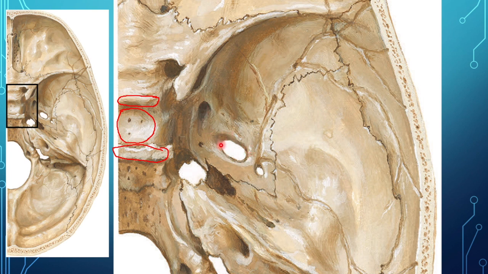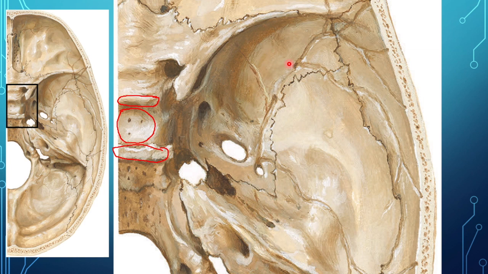This is the foramen ovale, and this is the foramen spinosum. From here, the V2 branch of the fifth cranial nerve passes. From here, V3. This is just extra information for you. This is the foramen spinosum. From this you can see the groove coming outside and dividing. This marks the area where the middle meningeal artery comes out and divides into anterior and posterior branches.